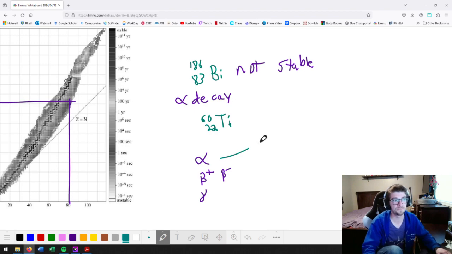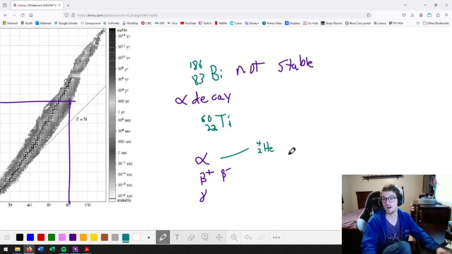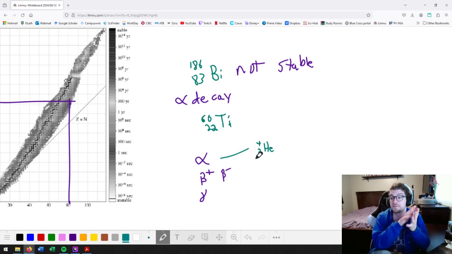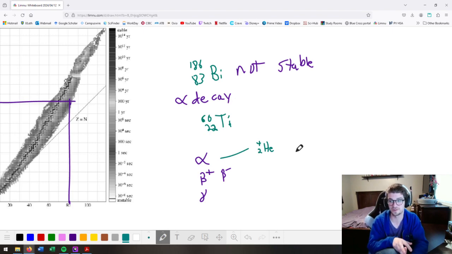So alpha decay is the loss of 4,2-He. Alpha decay is effectively the loss of a helium nucleus. What this is, is two protons and two neutrons get together and leave.